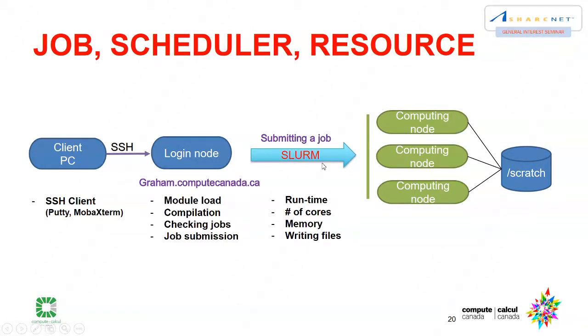SLURM will consider your requested runtime, the requested number of cores or CPUs, the requested memory, and the options for writing output. Then SLURM will apply a very complicated formula to allocate your job to one of the computing nodes. Your job will then run on the computing node and write output such as to Scratch, project, or sometimes the home directory.